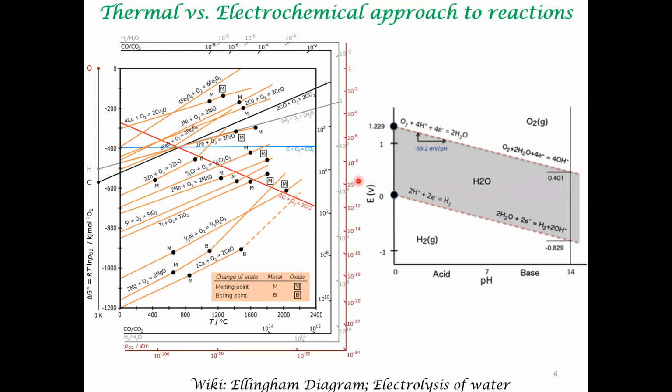If only we had electricity available at a lesser cost, almost all reactions would be conducted electrochemically. That's the beauty of electrochemistry. We have already shown this Pourbaix diagram of water. It contains all the electrochemical thermodynamic information.